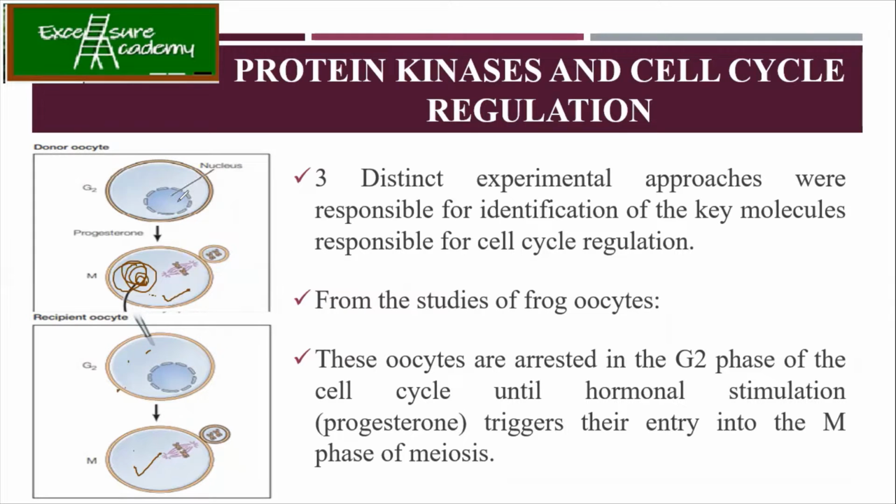But in the case of the first, they have added progesterone in order to stimulate the cell to undergo G2 to M phase transition. And now they have taken the cytoplasm from here and introduced it into the second oocyte. The second oocyte, which was again arrested at G2 phase, got stimulated and entered the M phase without any additional stimulation. What they did is only take the cytoplasm from here to here. Okay, did you get the experiment here? Clear?